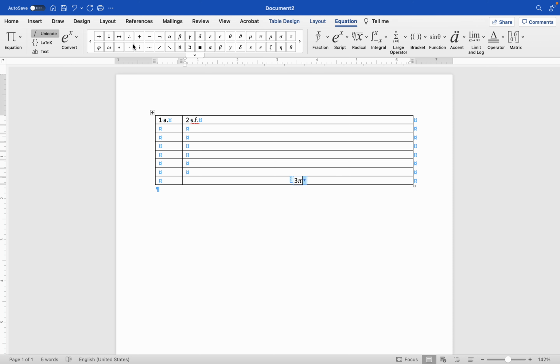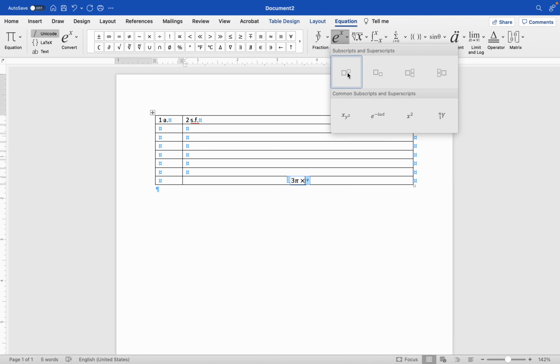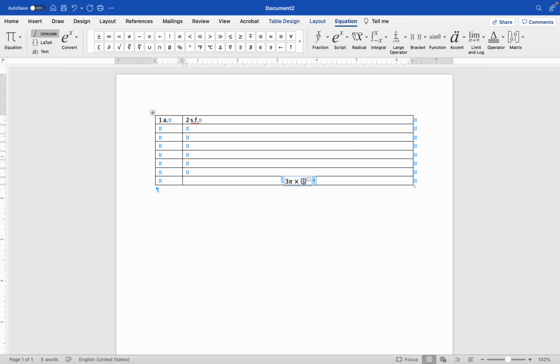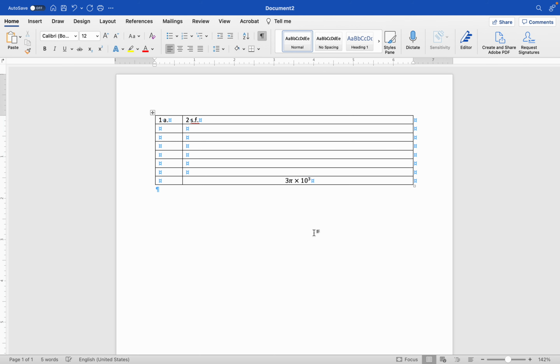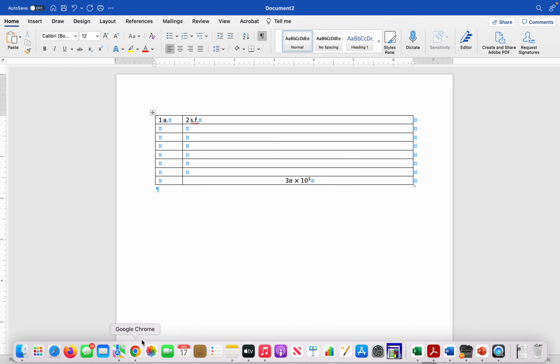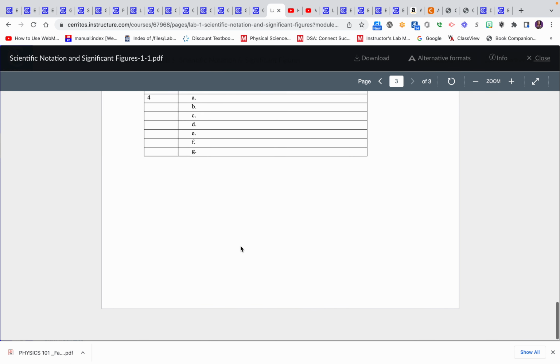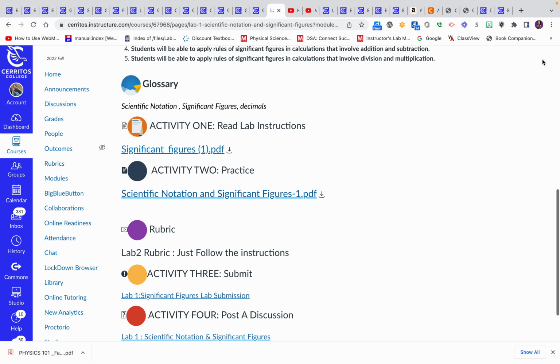And then times. There is the times symbol. I want to write 10 to the something, and here I have the option for subscripts or superscripts. This is how I'm going to type in my answers. All your answers should be typed in. Let me go back and close this one.